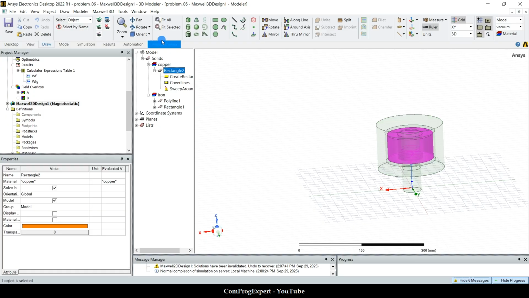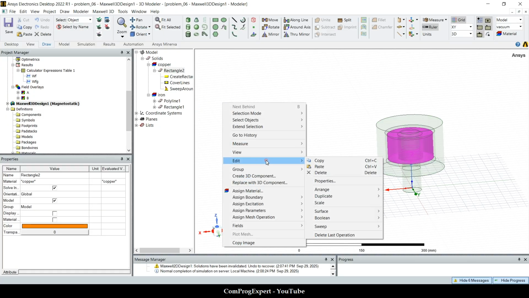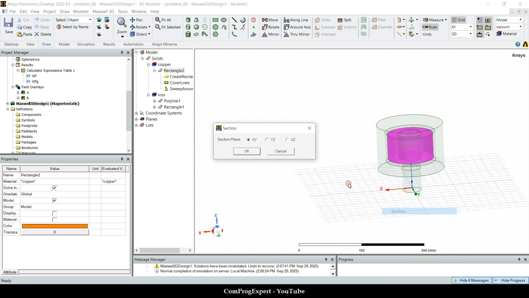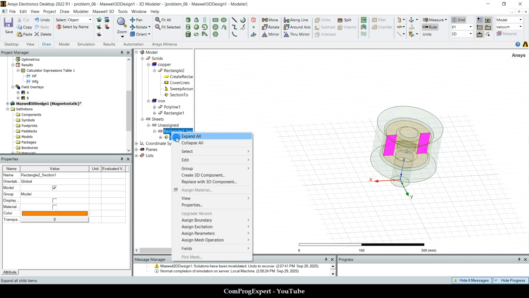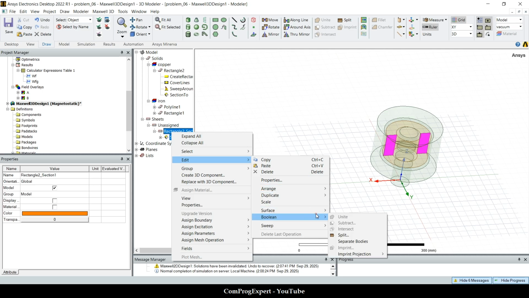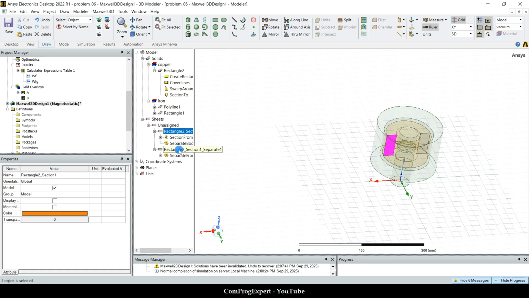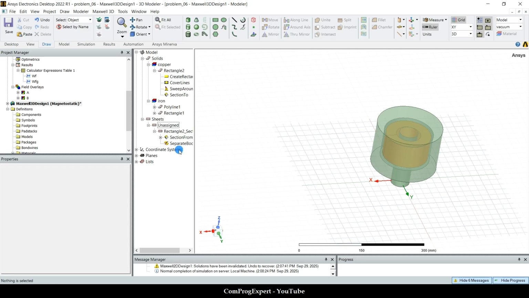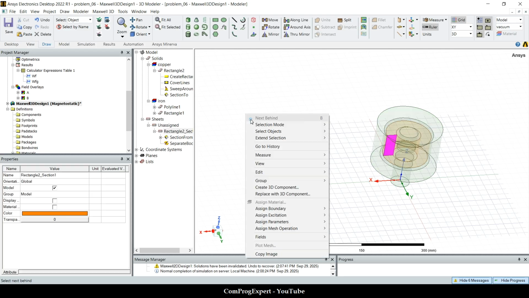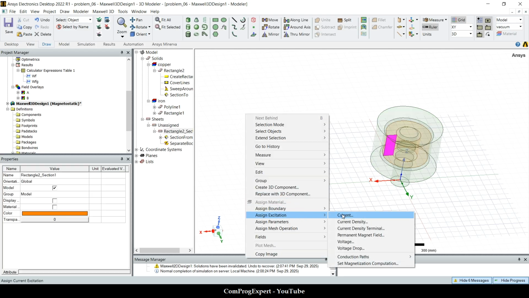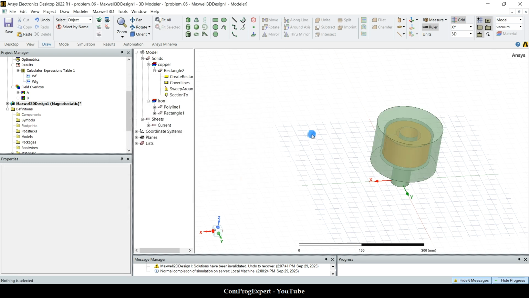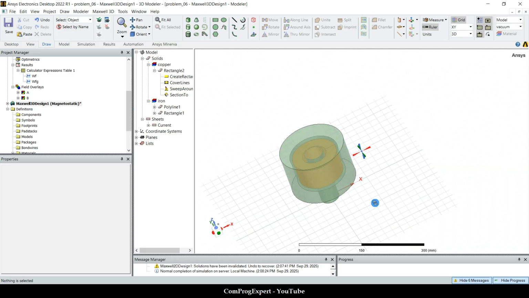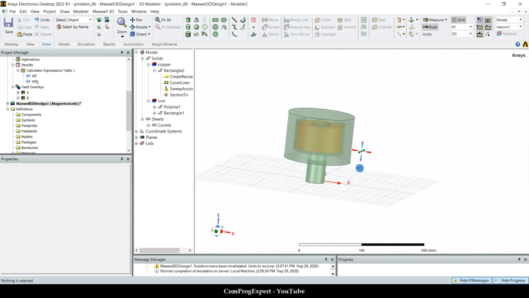So for this copper object, edit, surface, section xz, we have these two cross sections, and again edit, boolean, separate bodies, we can delete one of them. Assign current excitation for this one, current 600 times 1.5 amps. In this case we can run the simulation.